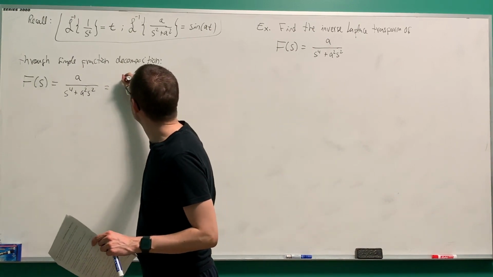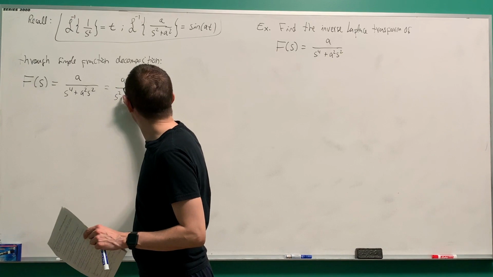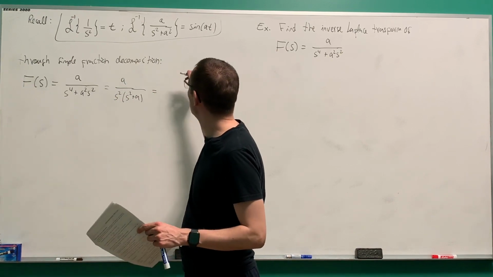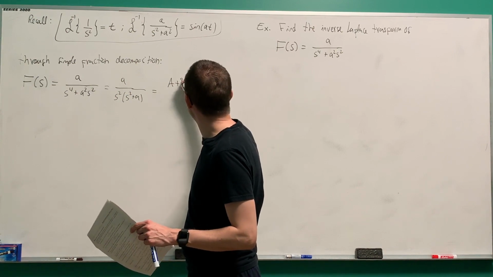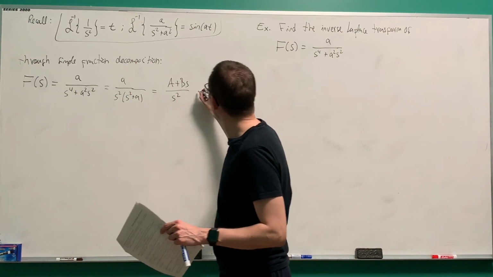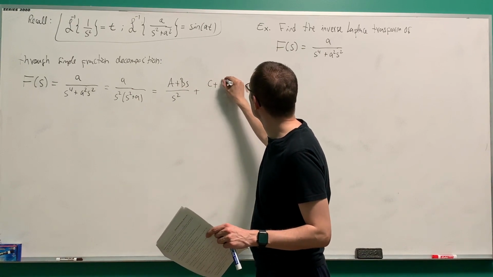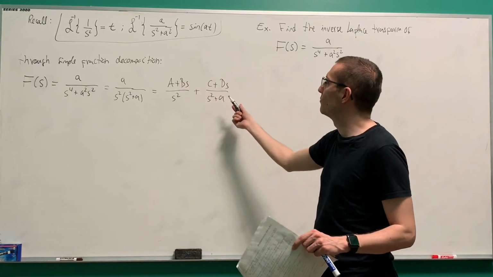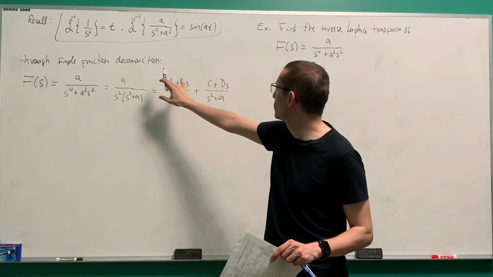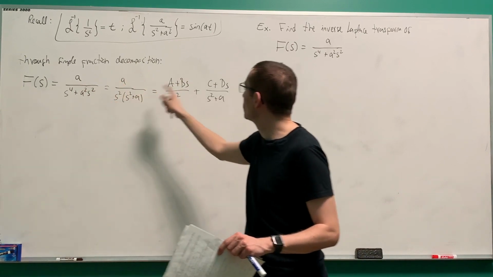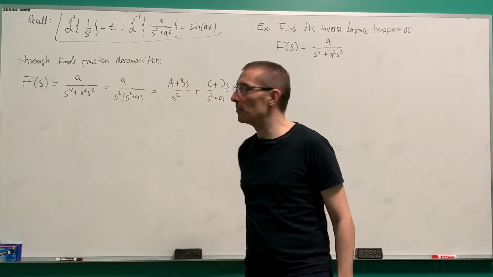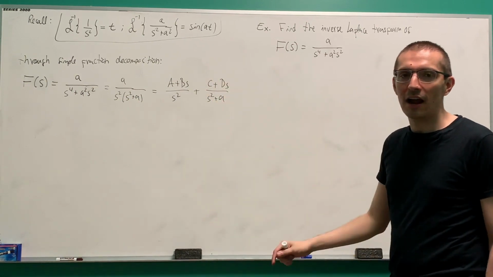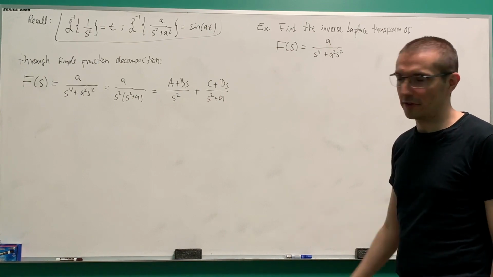The roots, so this thing is a divided by s squared times s squared plus a. So there are two simple fractions, if you want, that you can write: a plus b s over s squared, and the other fraction would be c plus d s over s squared plus a, right? And then you find the coefficients, common factor; this will be multiplied by s squared, this will be multiplied by s squared plus a, and you equate, the denominators are the same, and you equate all the powers on both sides, and you can tell quickly that b and d are going to be 0, only a and c are going to be non-zero, and so on and so forth.